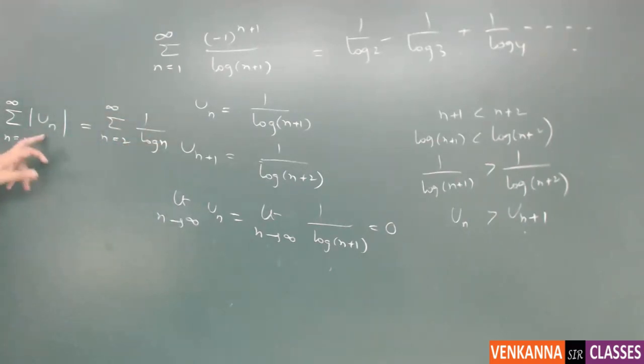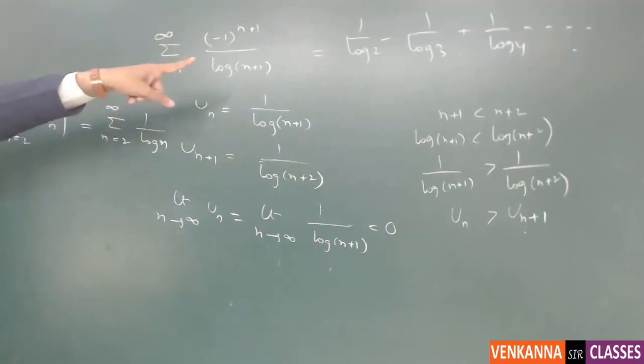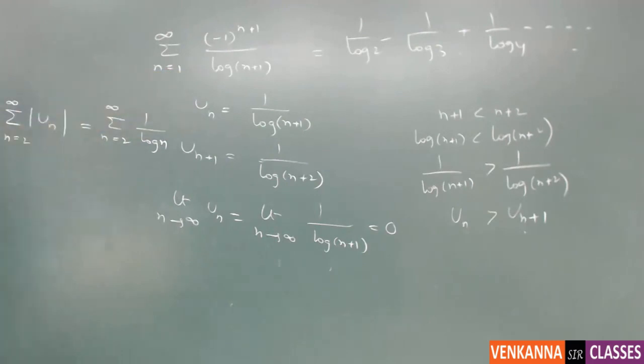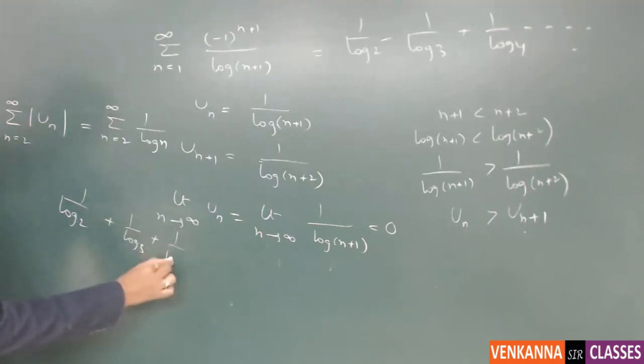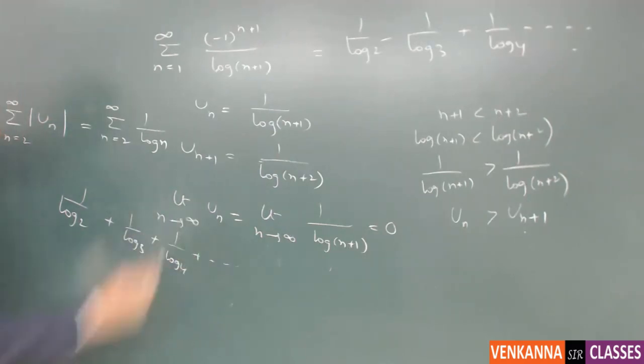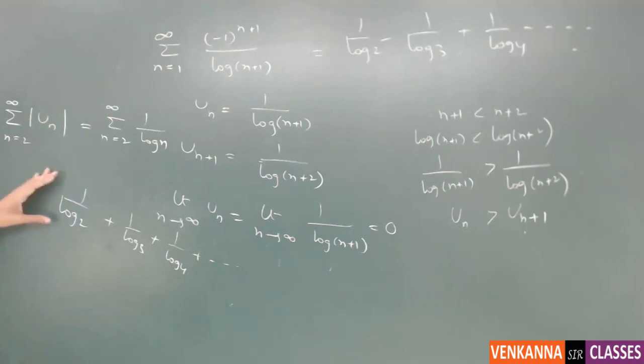Since I am applying modulus, all minus signs will become plus. In other words, you are checking the convergence of the series 1 by log 2 plus 1 by log 3 plus 1 by log 4 plus, so on. You are checking the convergence of this series whenever you put modulus. Right.